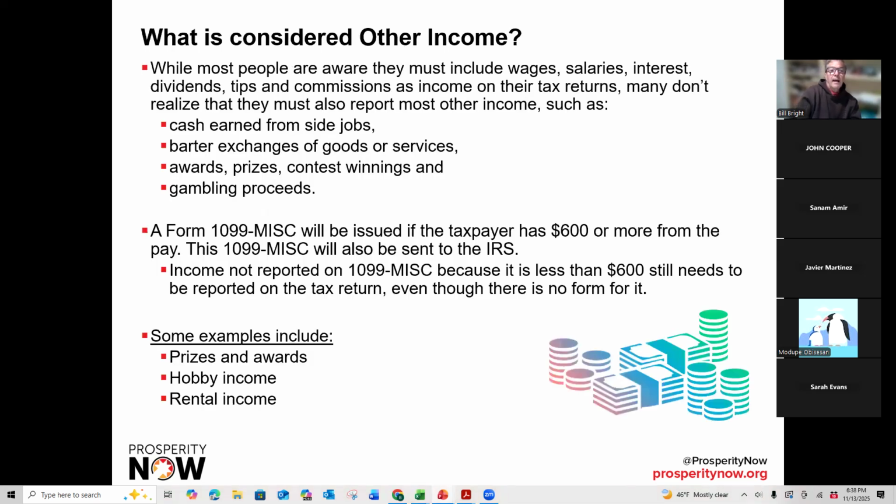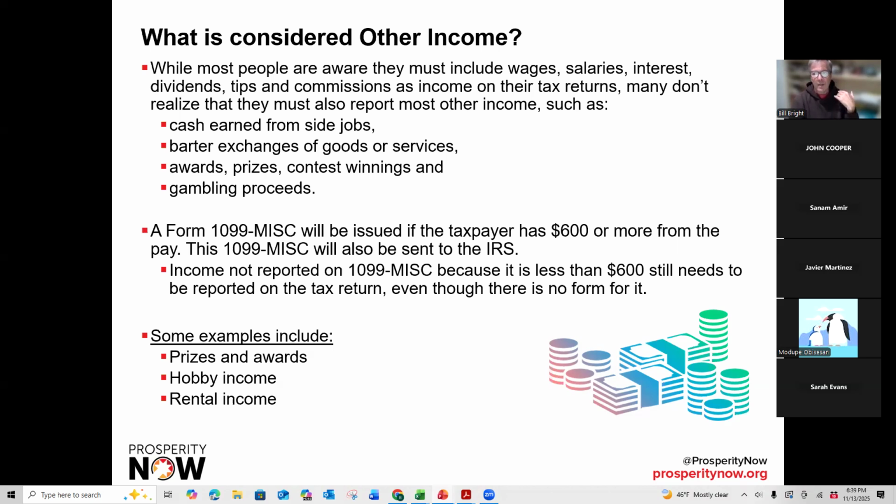Again, what is other income? It's something that doesn't easily fit into the other categories. It's cash earned from side jobs, barter exchanges, awards, prizes, gambling proceeds. There was this big push regarding barter or the sale of goods or services, selling things on eBay or Facebook Marketplace and making money on this.